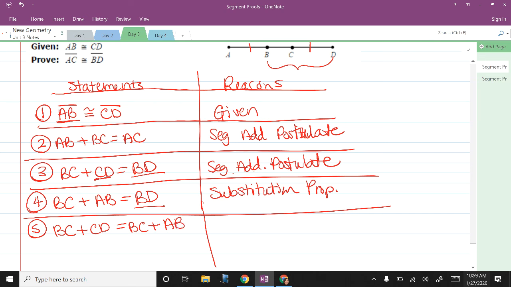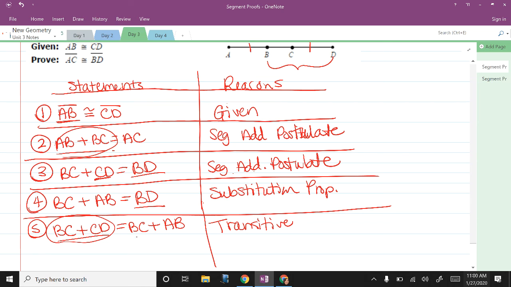Do I have this? Okay. So this isn't that. Isn't this that? What was that reason? That was transitive, wasn't it?